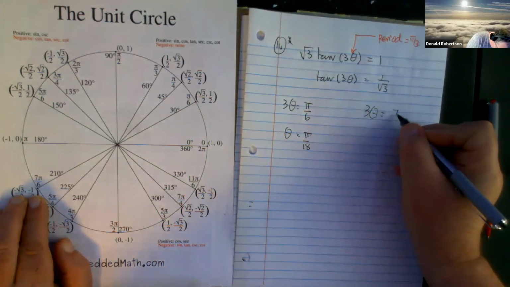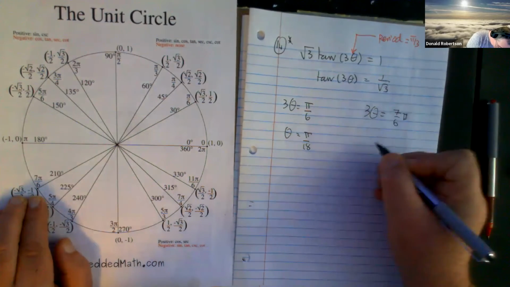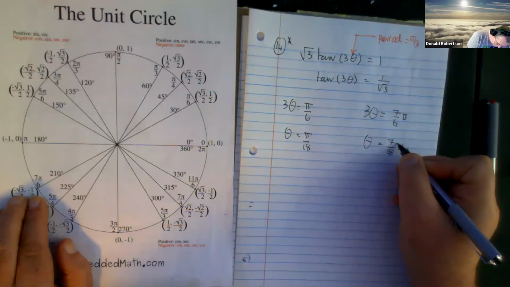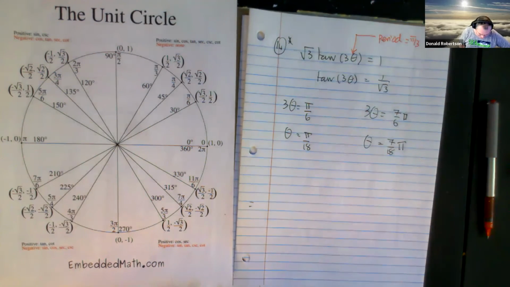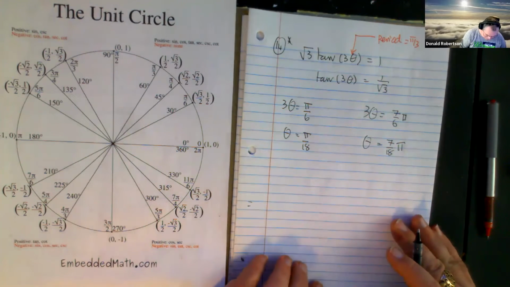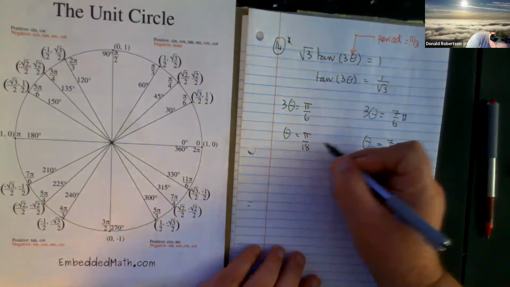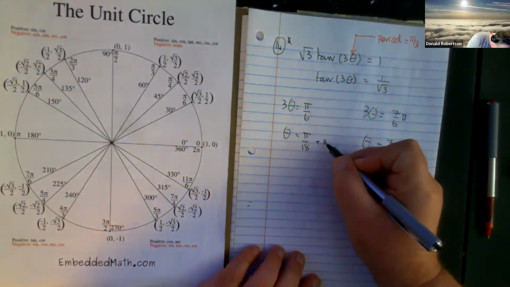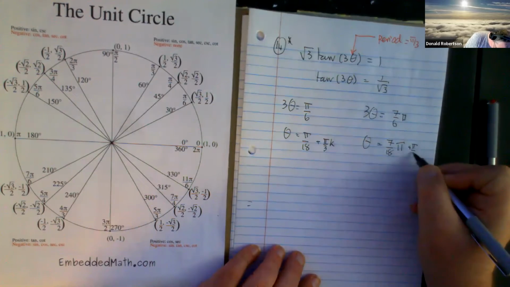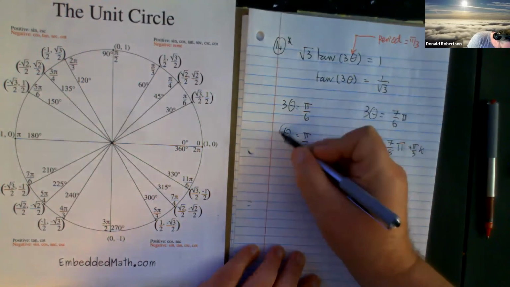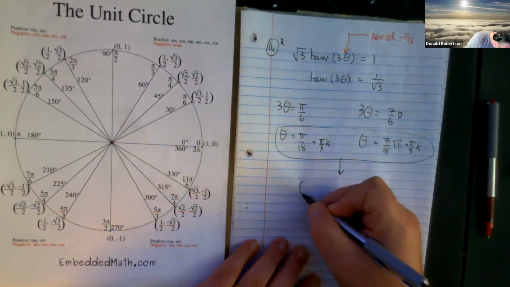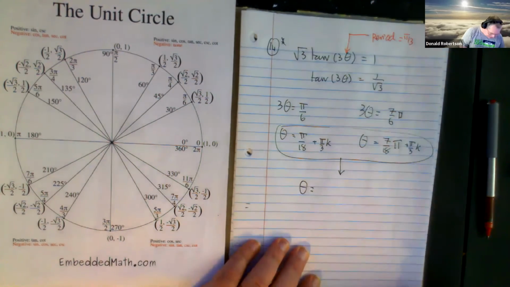So what we're looking at here is 7/6 pi, which means 3 theta is 17/18 pi. Now, if you were doing the general solution, you would do pi upon 3k, and you do pi upon 3k. These two can be combined into a single guy.